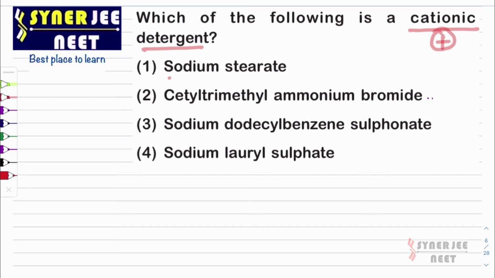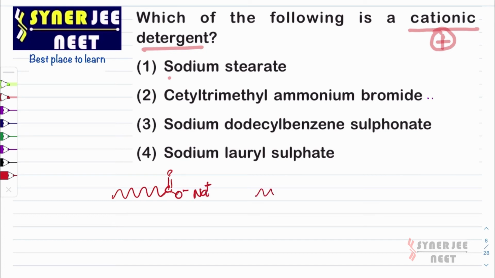In these detergent molecules, there is some organic part and there is some inorganic part. Organic part means the carbon part. For example, in some there is a COO minus, and the inorganic part is Na plus.